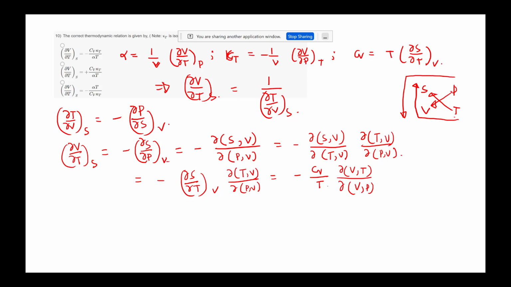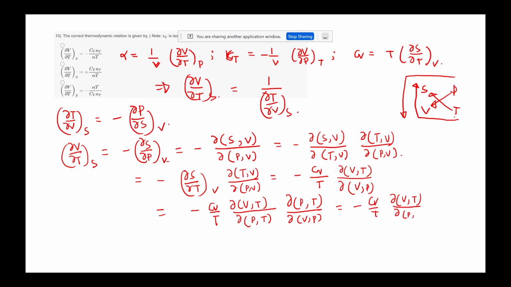Now we will make minus CV by T del V del T by del V del P. Now I will switch this again once: CV by T del V del T del P del T.